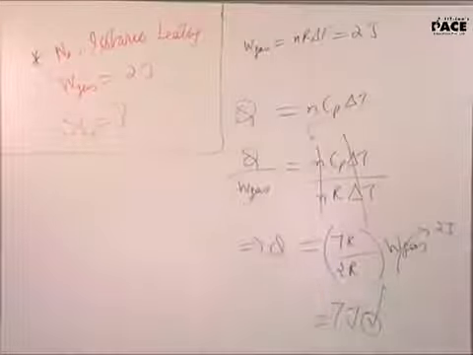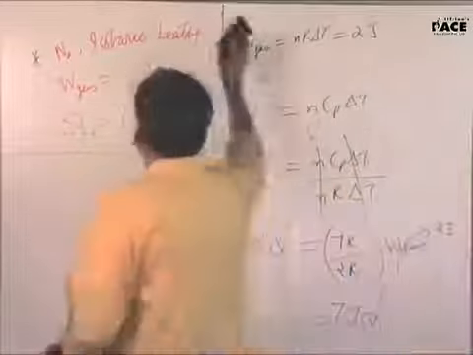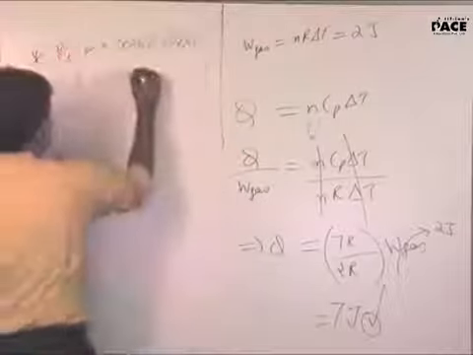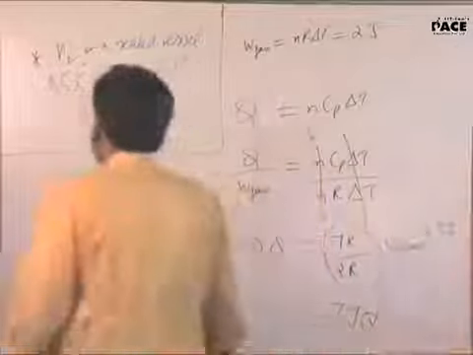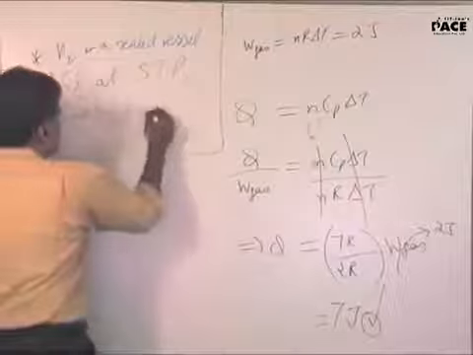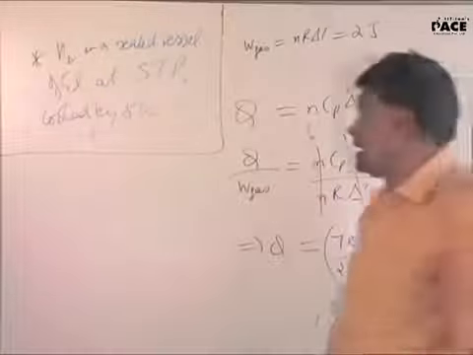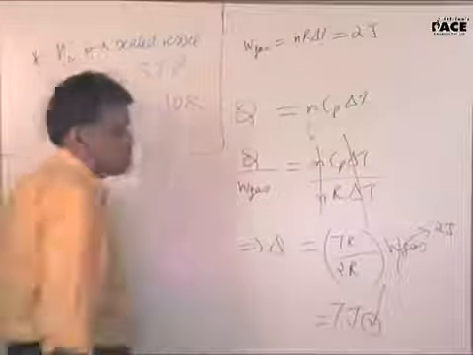The next question. Hydrogen gas is present in a sealed vessel of 5 liters at STP. It is cooled by delta T equals 50 Kelvin.